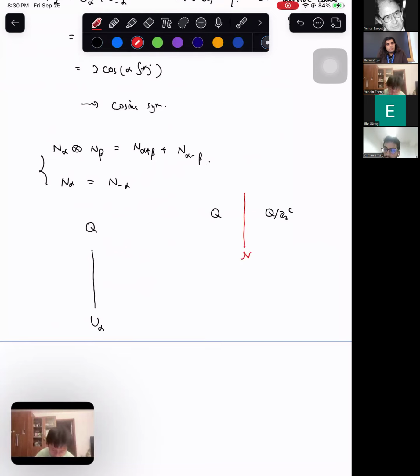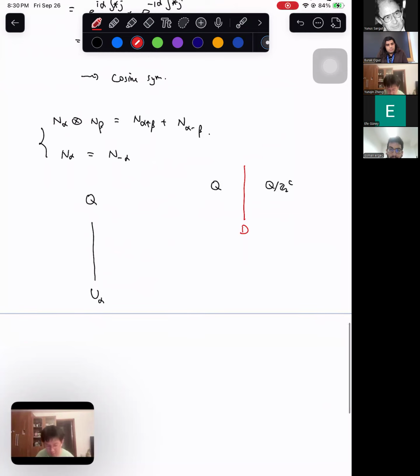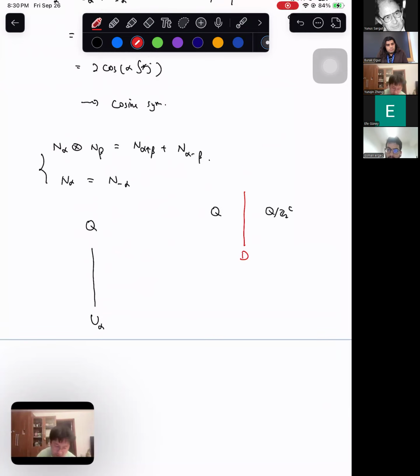And let's call it N. Well, maybe let's call it D. And how should we construct this topological interface? Well, it has been used quite a lot in recent years, because we just do the half space gauging with Dirichlet boundary condition imposed at the interface.